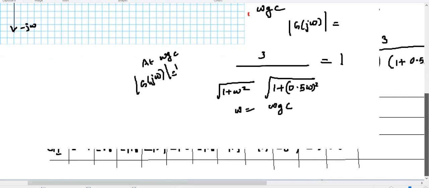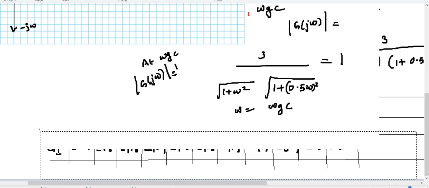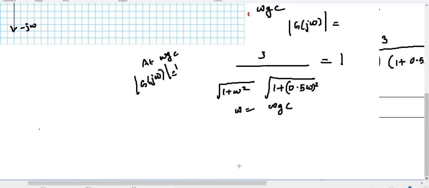Another method is that corresponding to the point B, that means where the unit circle meets the polar plot, you have to find out the real value and imaginary value of the open loop transfer function from the graph.